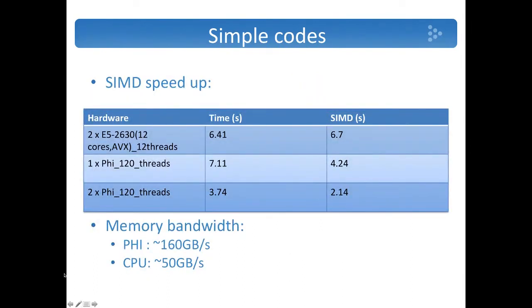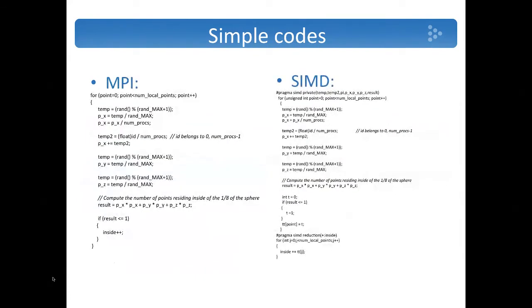So here is the SIMD speed up for the code, and you can see for Xeon CPU we don't have any speed up, but for Xeon Phi we have a 50% improvement on this code. Well, let me explain why the SIMD doesn't help the Xeon CPU. Let's go back to the code here. You can see we use the temporary array to store the temporary value, where the temporary array is in DDR.